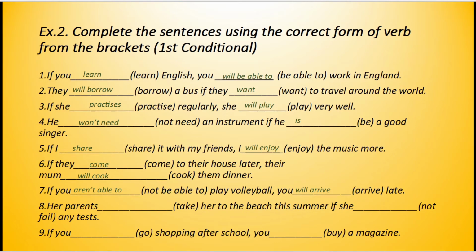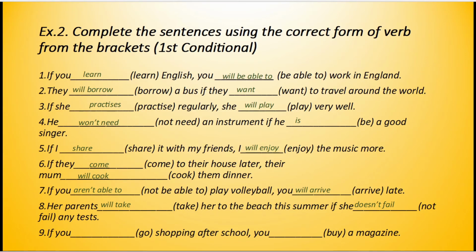If you aren't able to play volleyball, you will arrive late. Her parents take her to the beach this summer if she not fail any tests. So where does the will go? Her parents will take her to the beach this summer if she doesn't fail any tests.